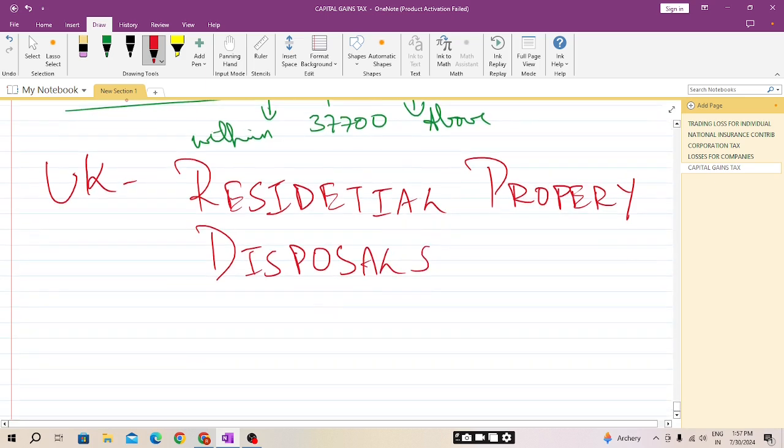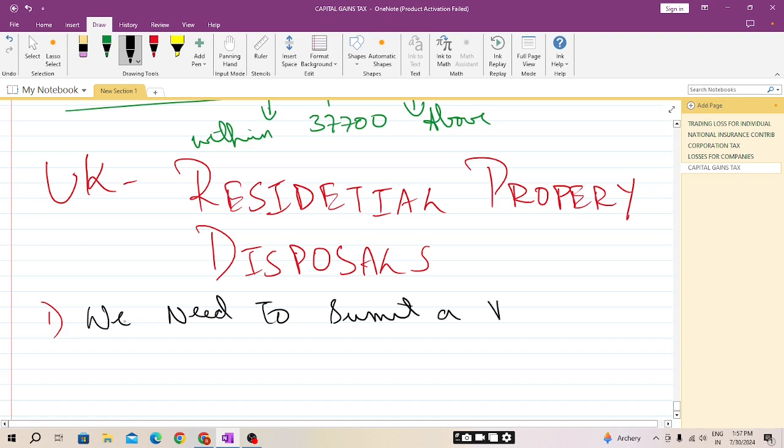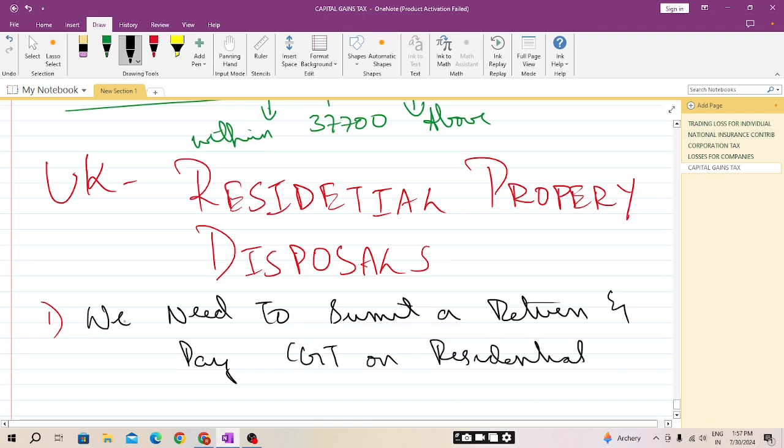So if there is a disposal of UK property, students, we need to submit a return and pay the capital gains tax on residential property.